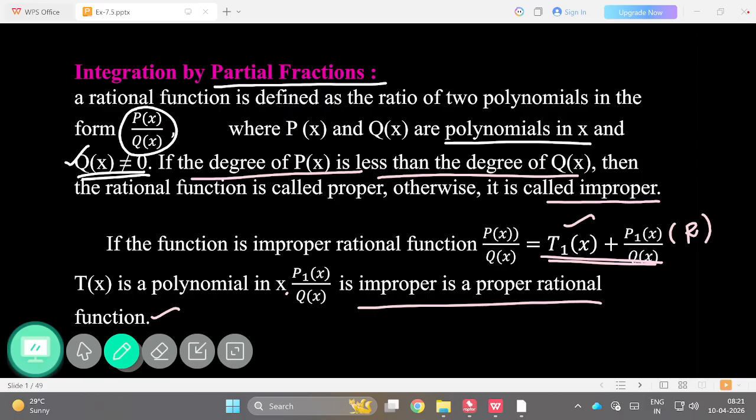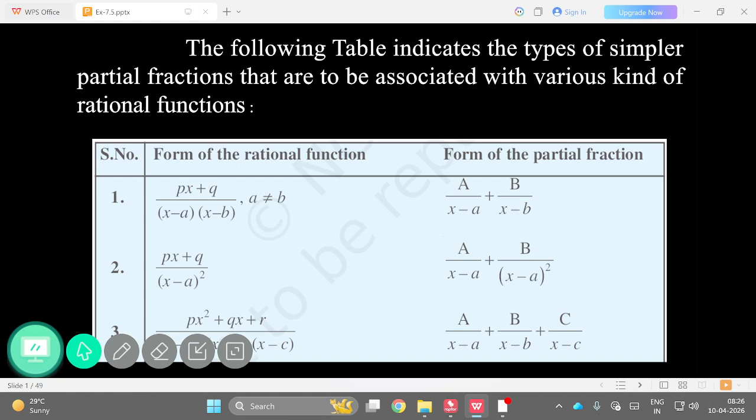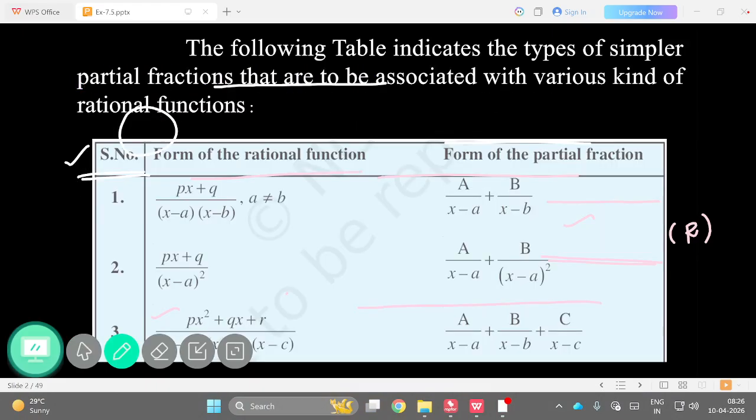Then automatically you can apply the partial fraction method. Next, the following table shows the types of rational function of the form p(x) by q(x), divided by the factors of the denominator, x minus a into x minus b.